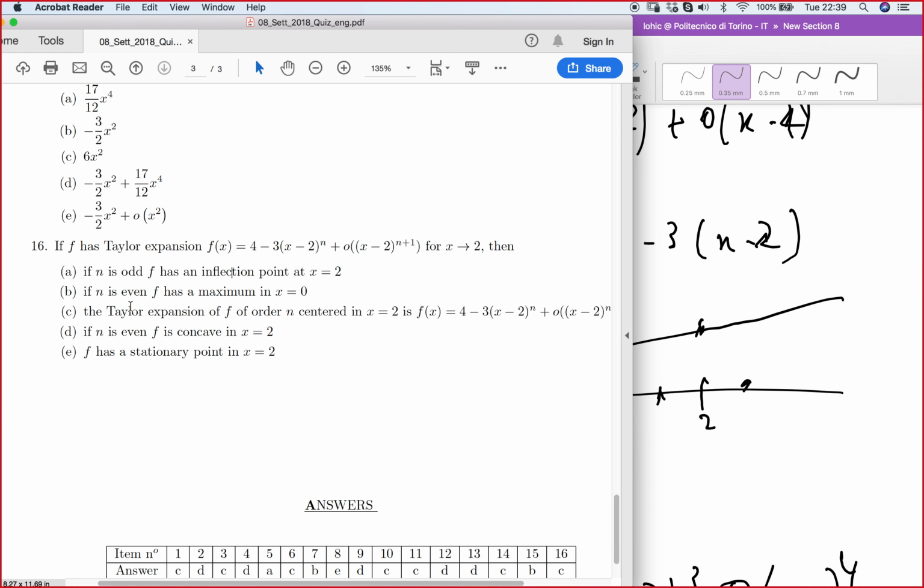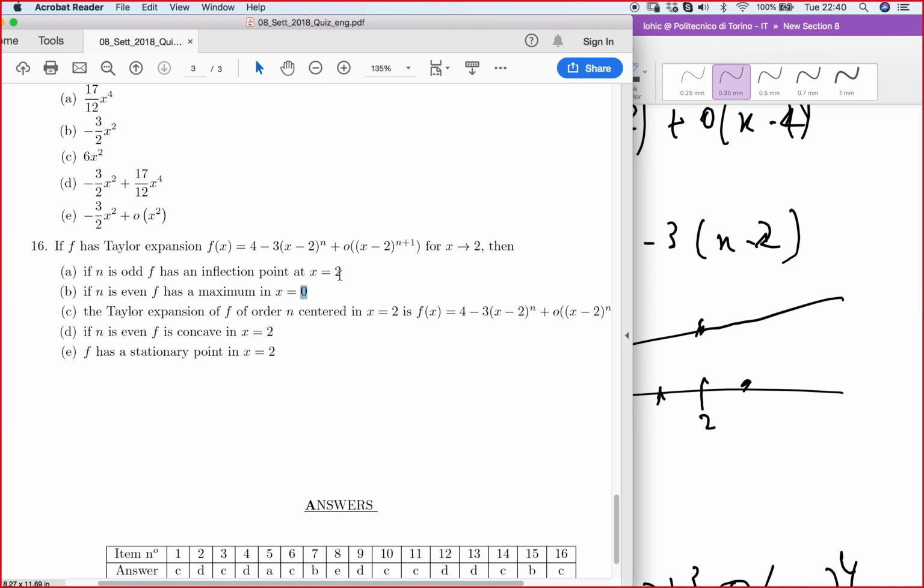B: if n is even, f has a maximum at x equal to 0. This is false because we have the Taylor expansion at which point? At 2. With the Taylor expansion at 2, we can only give information at 2. But here they are asking for information at 0.